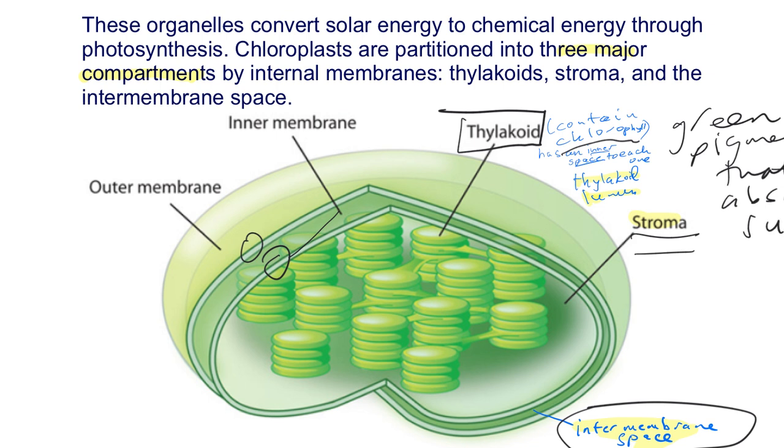And inside each of the thylakoids is another space. These are like hollow coins. And that's called the thylakoid space. So if I took one of these and showed it, inside there'd be a cavity, and that'd be the thylakoid space.